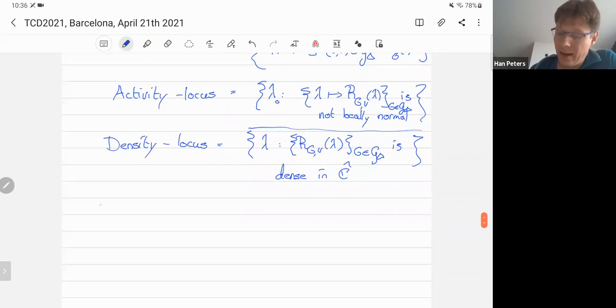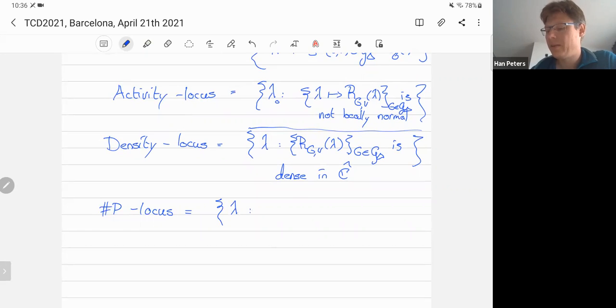And then the last set is the Sharpie locus. Well, let me say that this is lambda. Now I really want to consider, it doesn't make sense to consider hardness for real parameters. You should really look at rational parameters.